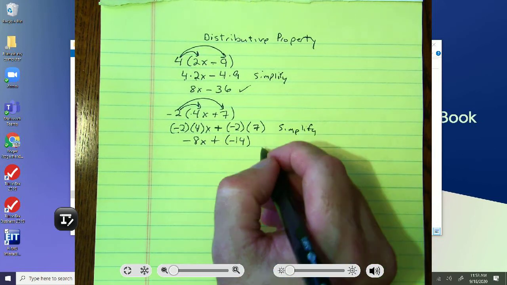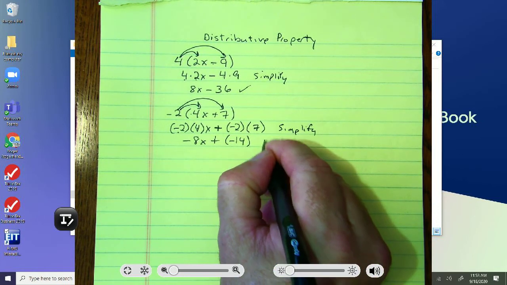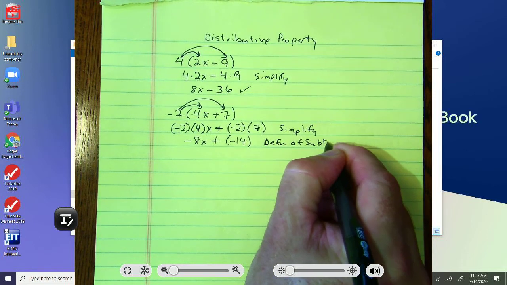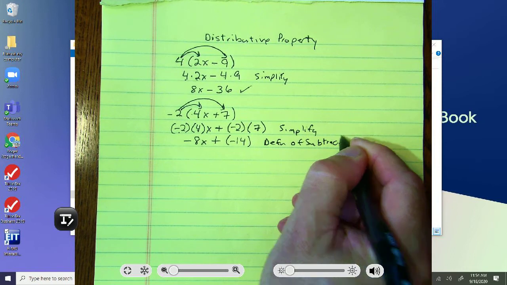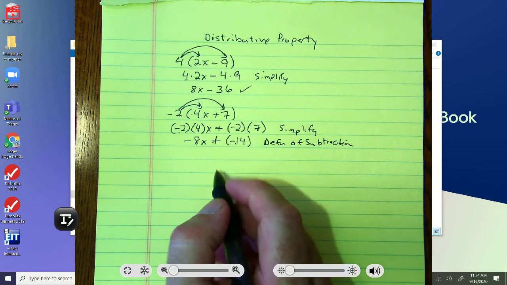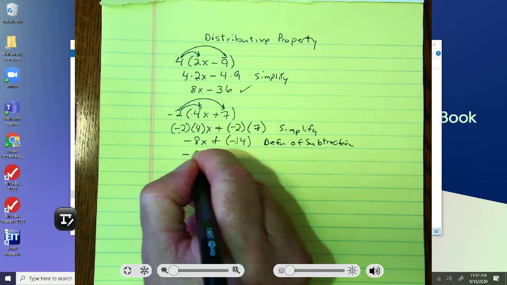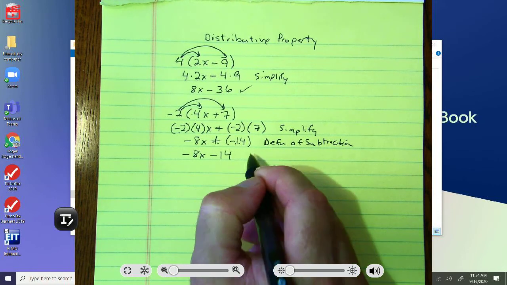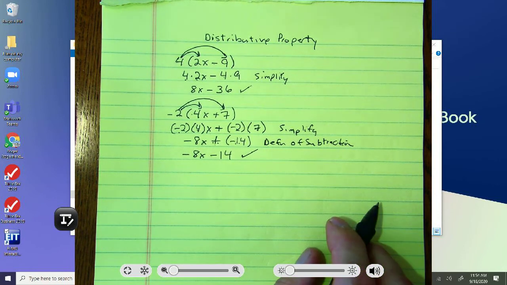Now we use the definition of subtraction. The definition is that adding a negative, or adding the opposite, gives us subtraction. So I'm going to rewrite that as negative 8x minus 14. And I'm done with that one.